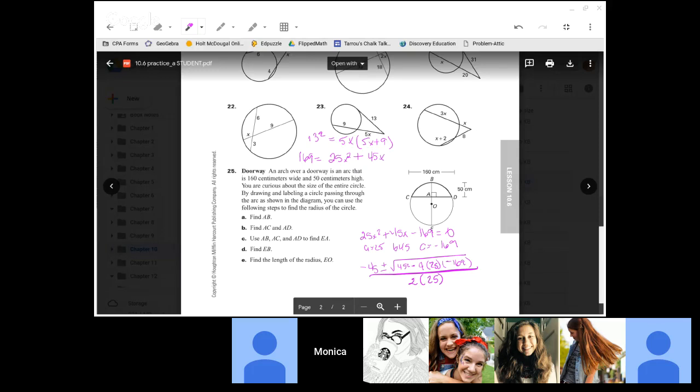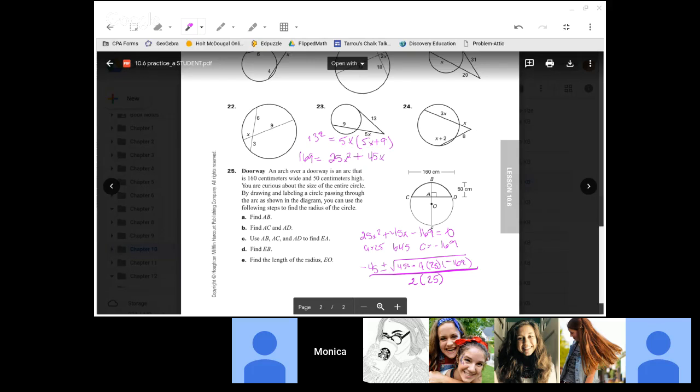Or, sorry, plus that, because it's positive. Now, I would hold on to that number just because it's easier than the square root of that number. So on the outside, you've got negative 45.